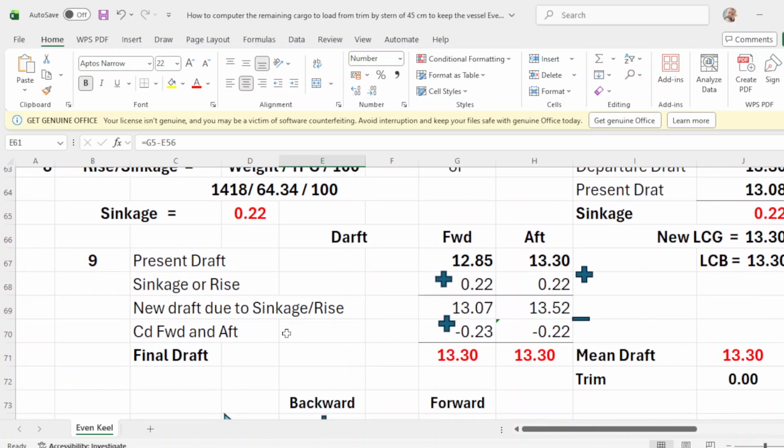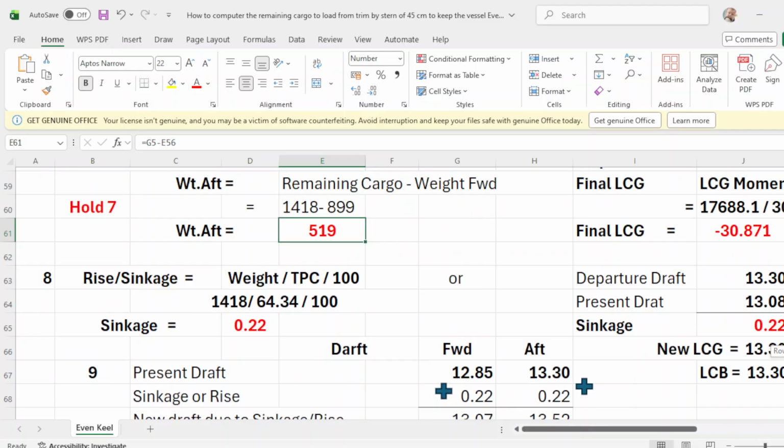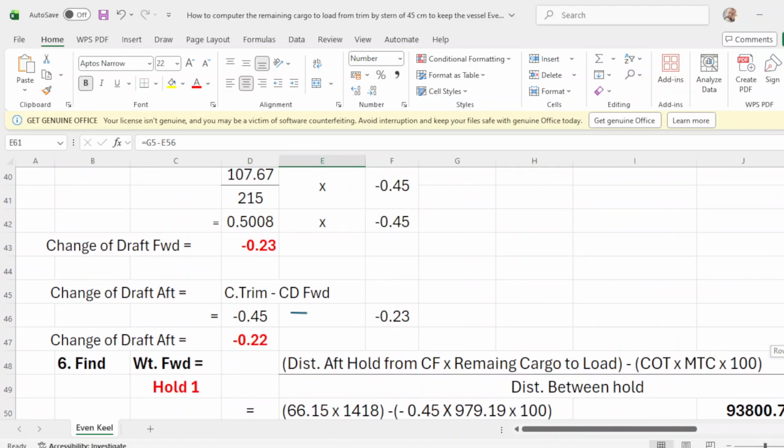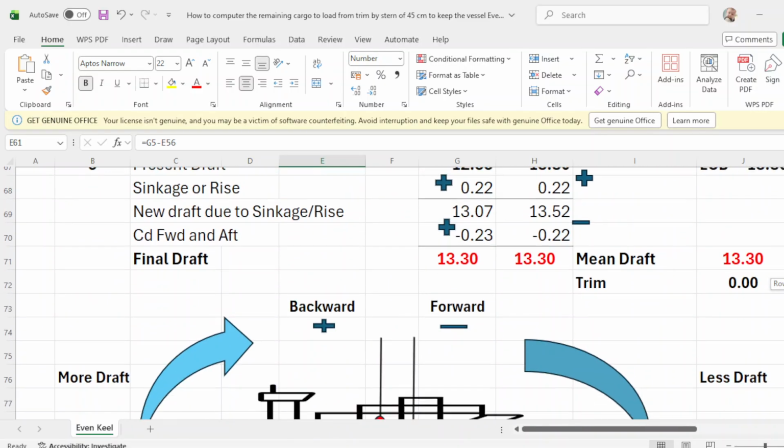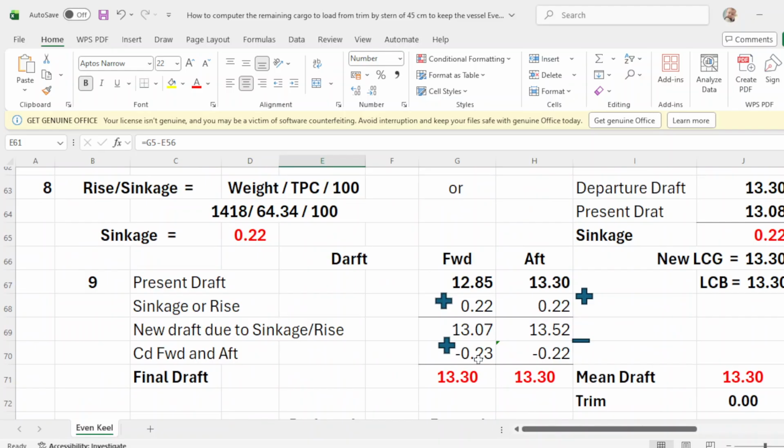From your new drop due to sinkage, you apply the change of drop forward, which is 0.23, and up is 0.22. Take note that you will add in the forward and minus in the up. So 13.52 minus 0.22, that will be 13.30. 13.07 plus 0.23, that will be 13.30, an even keel.